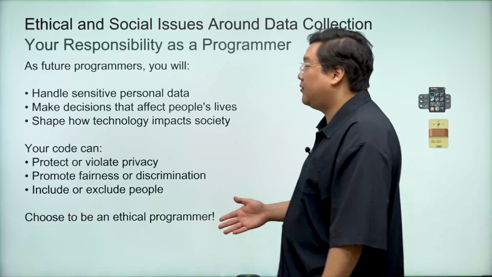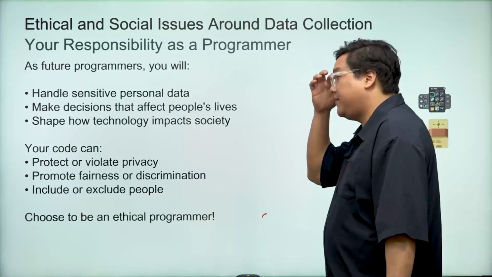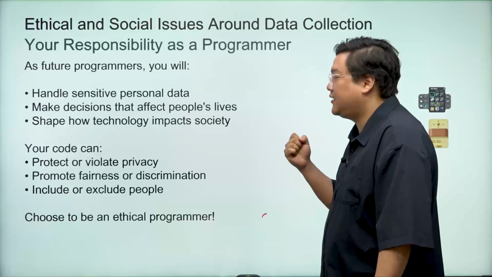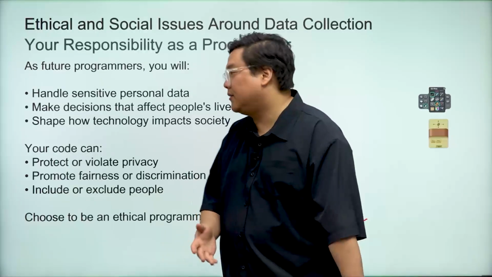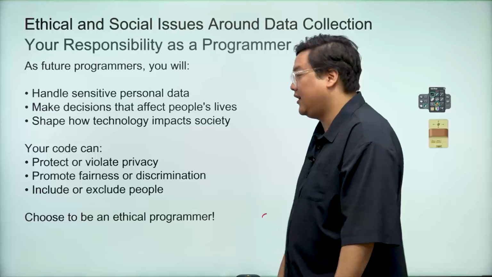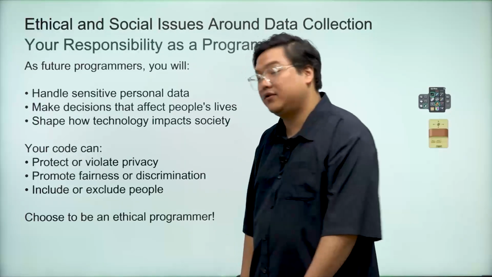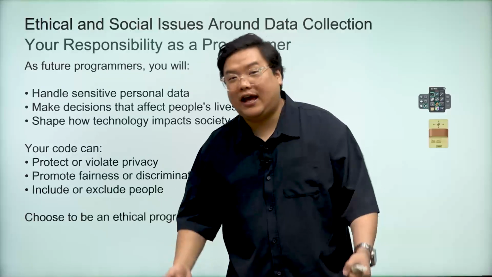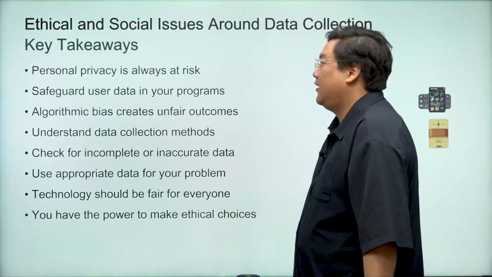As future programmers, you will handle sensitive personal data, make decisions that affect people's lives, and shape how technology impacts society. If you're not responsible, your code can either protect or violate privacy, promote fairness or discrimination, include or exclude people. Depending on how you use it, it can go either way.